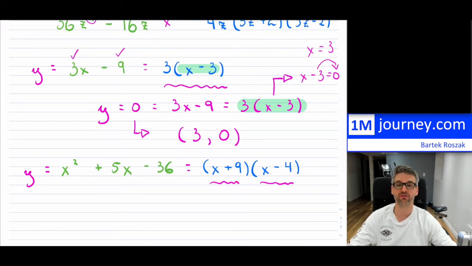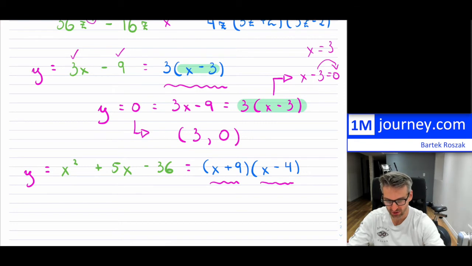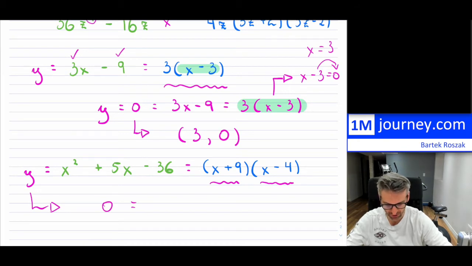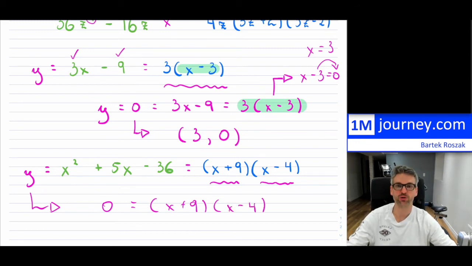When you have it in factored form, and you set y equal to 0, x plus 9 and x minus 4, there are going to be two places for x that will make this equation equal to 0.